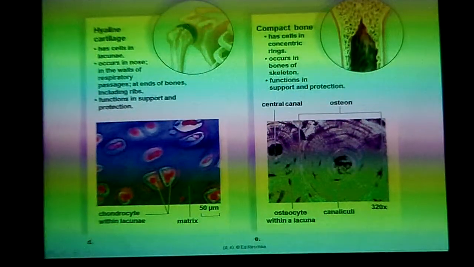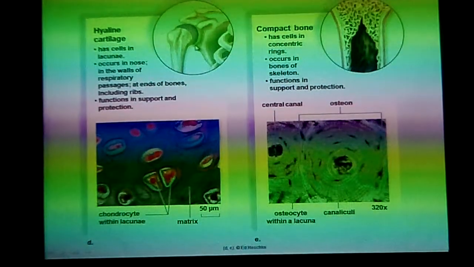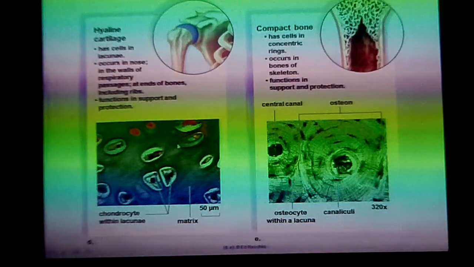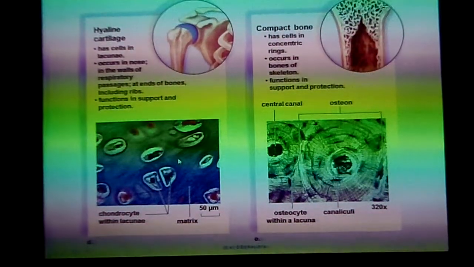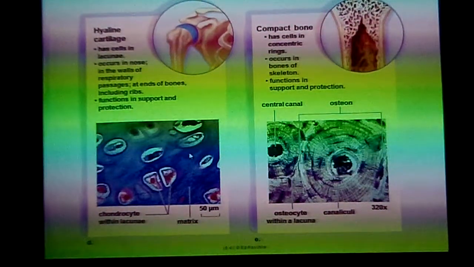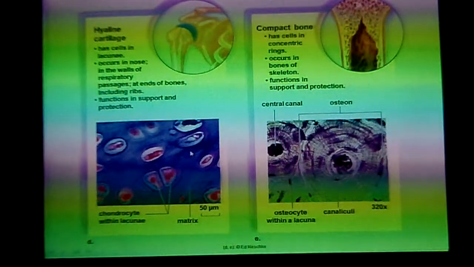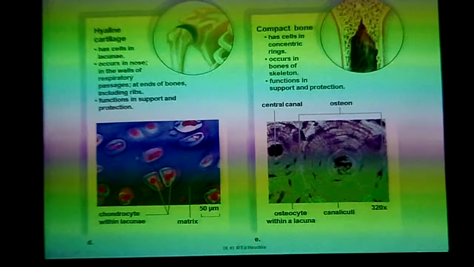Cartilage sits at the end of all your bones. And there's cartilage lying outside your ribs next to your sternum. You've got cartilage in a lot of places. Your nose is made of cartilage. Your ears are made of cartilage.